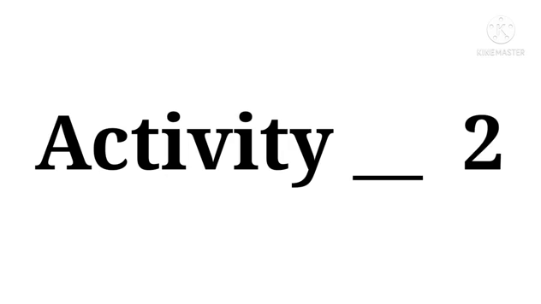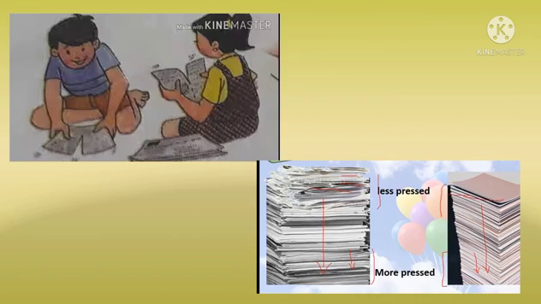Now we will see activity 2. Students, as I told you first, there is air all around us. It is present even in places that appear to be empty. How far around us does air spread? Let us see.